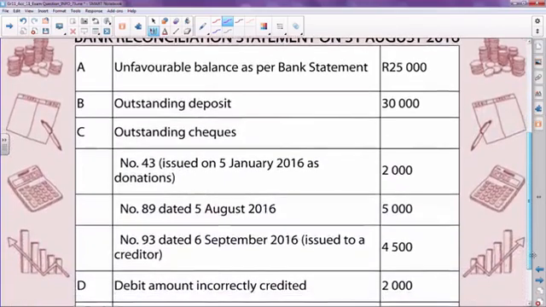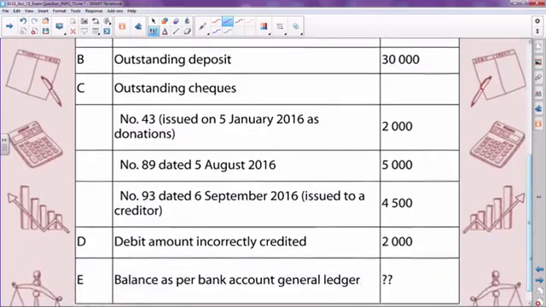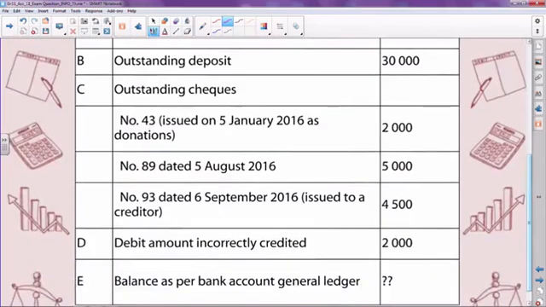We've got our balance as per bank statement, an outstanding deposit, some outstanding checks given to us, then a debit amount incorrectly credited, and then the balance as per bank account general ledger has not been filled in. So we're going to go straight to the questions on this bank reconciliation statement.